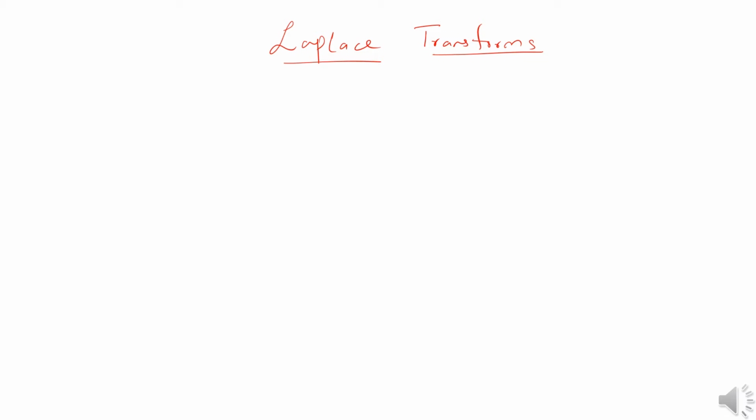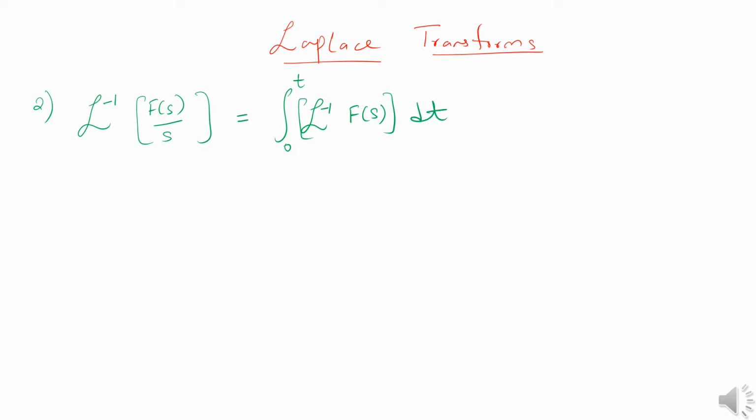We will continue after some revision: the Laplace inverse transform of a function F(s) when divided by s is simply equal to the integral from 0 to t of the Laplace inverse of F(s) dt, or we can write it as the integral from 0 to t of f(t) dt, where f(t) is simply the Laplace inverse of F(s).